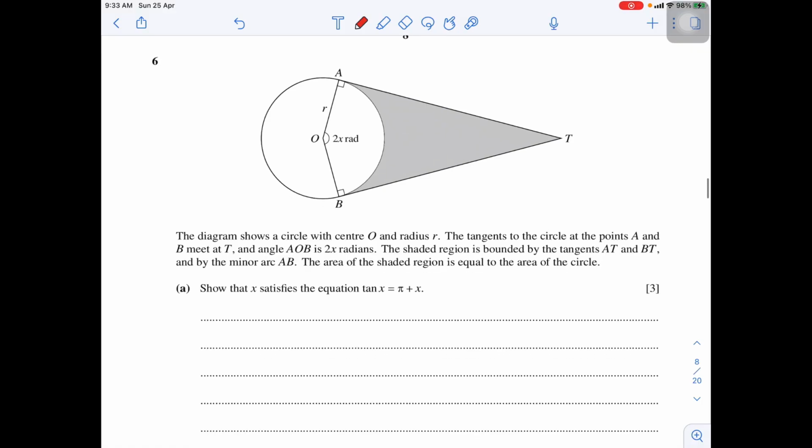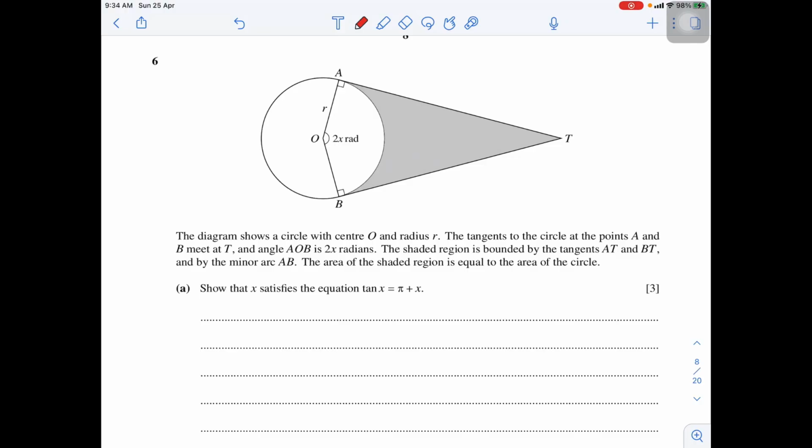Question six. The diagram shows a circle with center O and radius r. The tangents to the circle at points A and B meet at T. From question 5 we know that from a point outside the circle we can draw two tangents to the circle, and the lengths of those tangents are equal, which means AT equals BT.